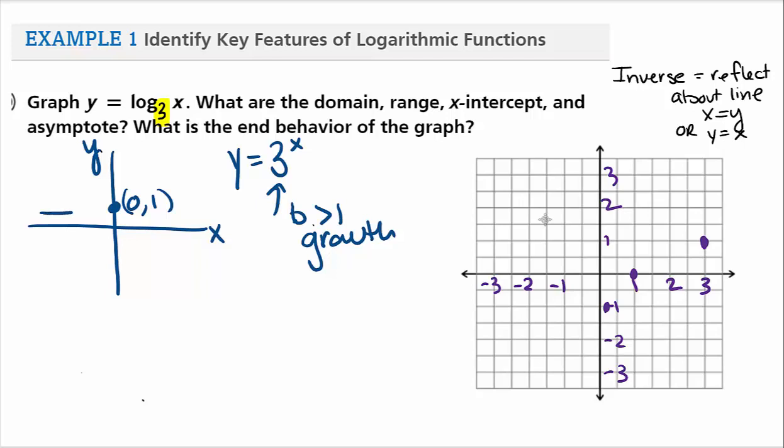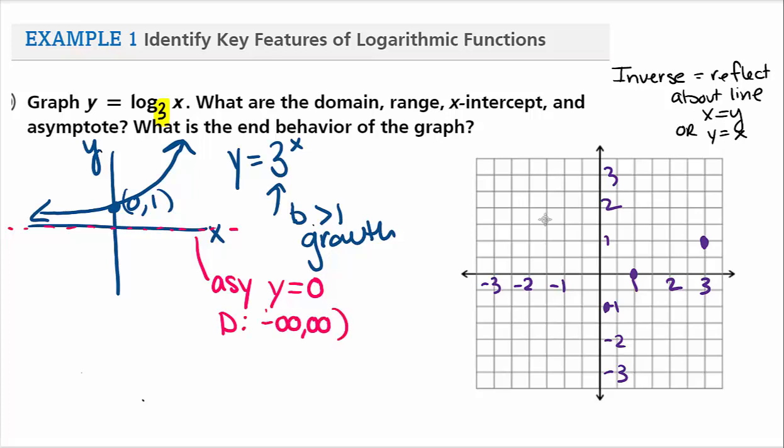And it will go up and to the right. So just a really quick sketch. Also, I want to remind you that with our exponential function, we have an asymptote that is at y is equal to 0. Our domain is all real numbers, and our range are values greater than 0.